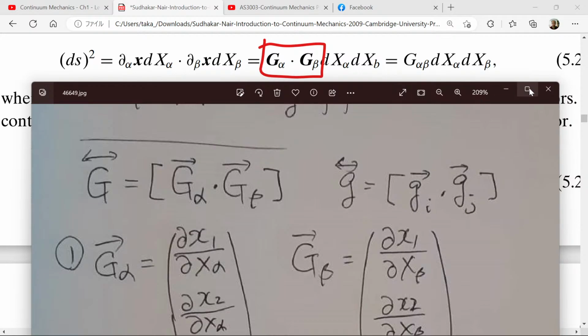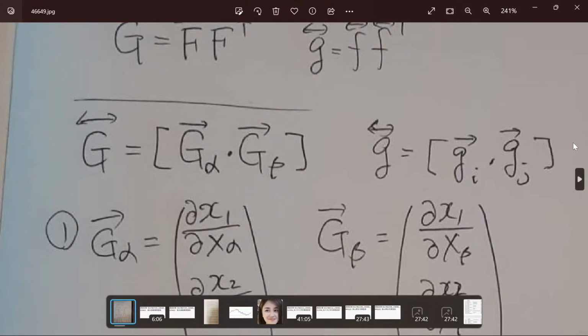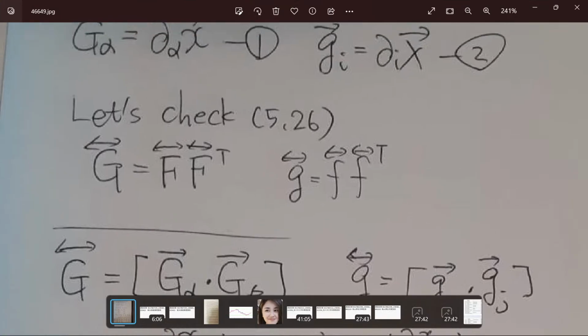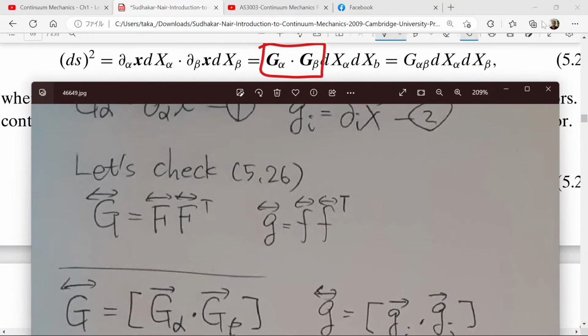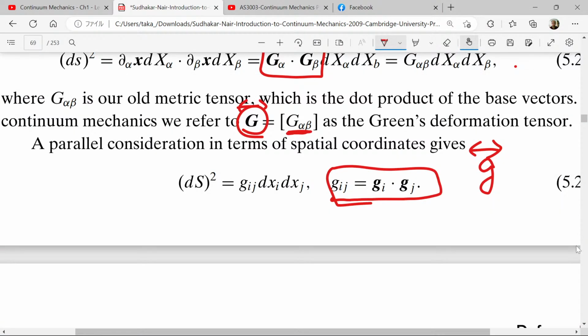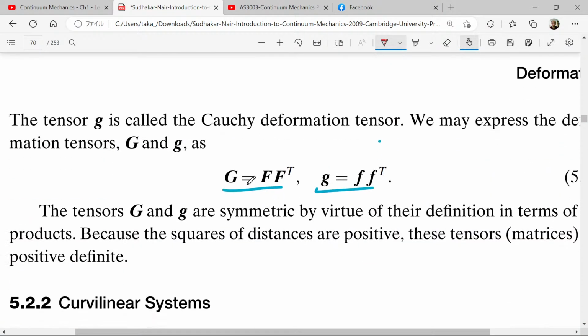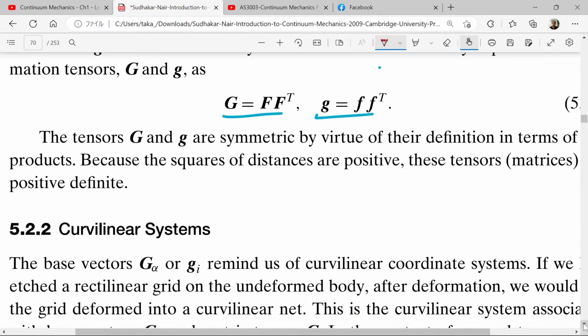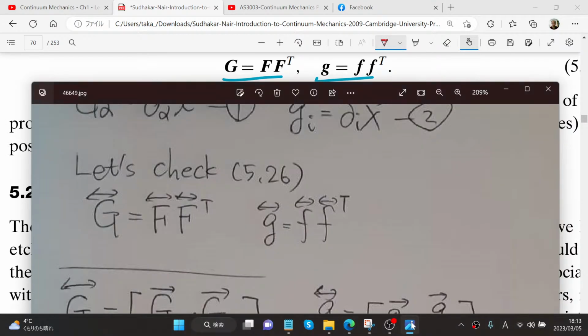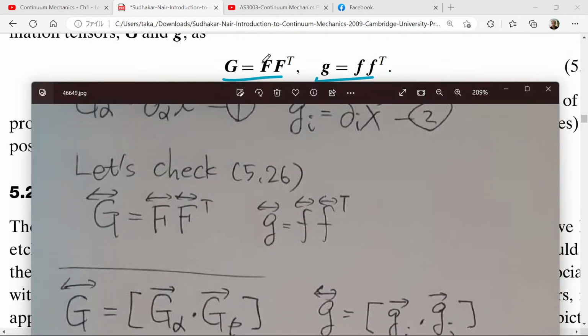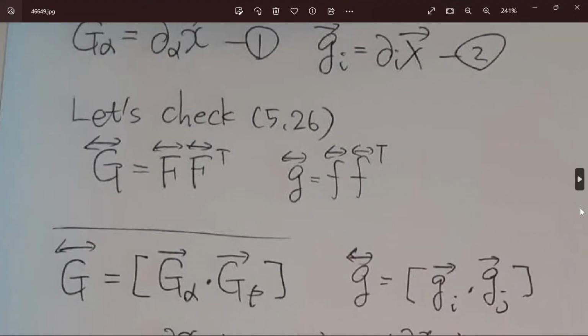Okay, so I think I copied the definitions correctly. Then we want to check this relation. G is F F transpose. Small g is small f transpose f. Let me see here. I think I copied this and this without any mistake.